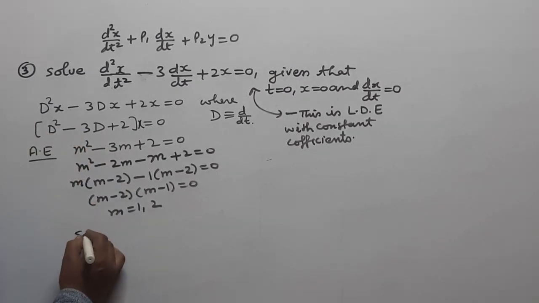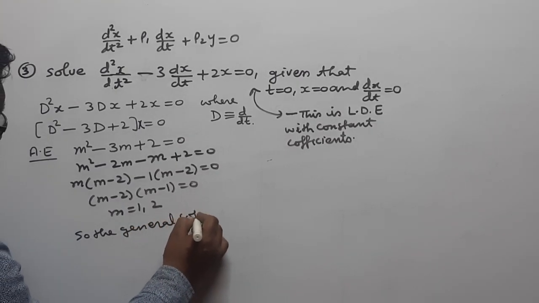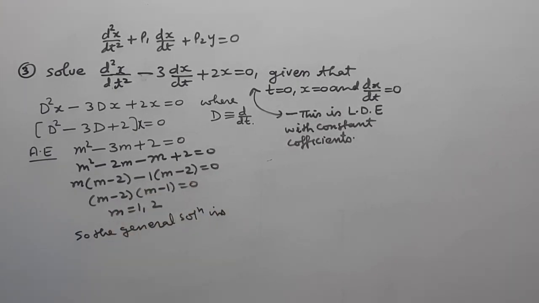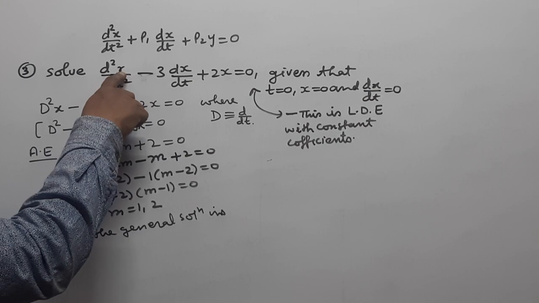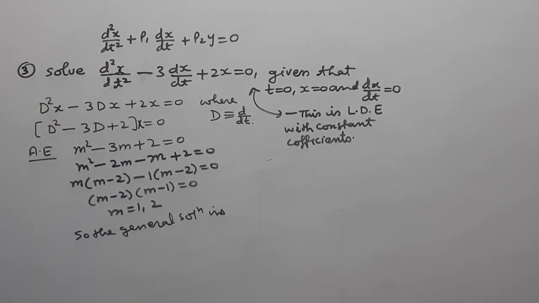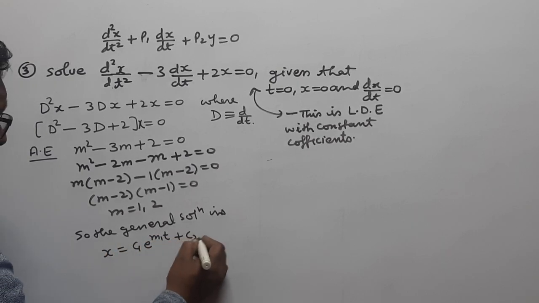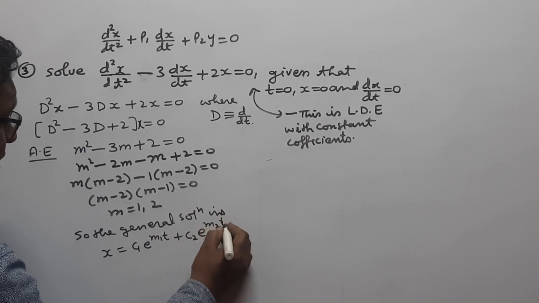So the general solution is, you can see here, x is the dependent variable and t is the independent variable. So we can write x = c1 e^(m1 t) + c2 e^(m2 t).